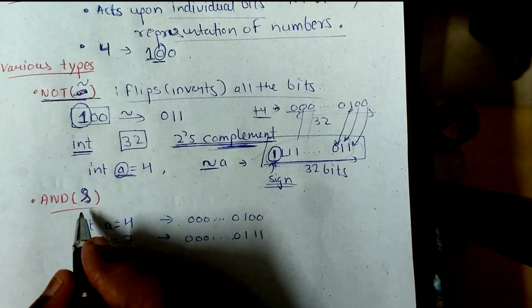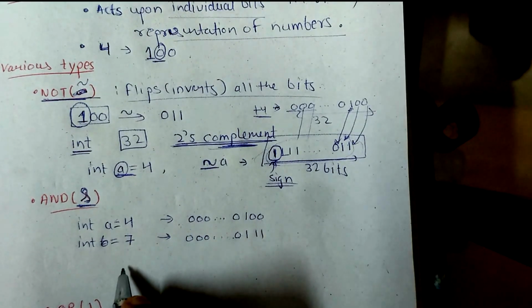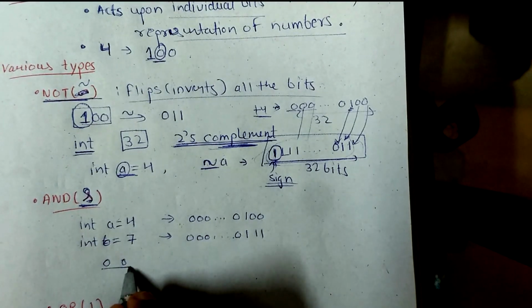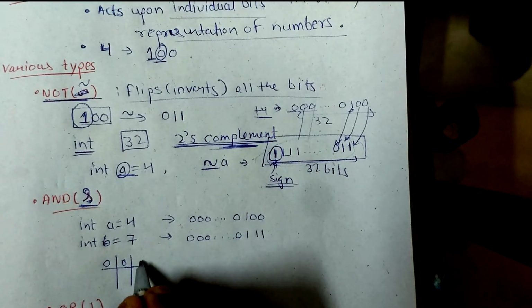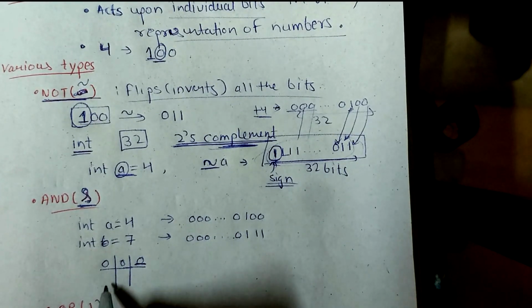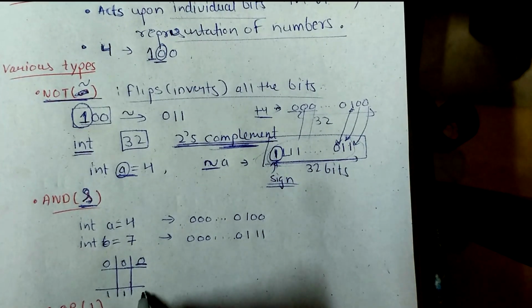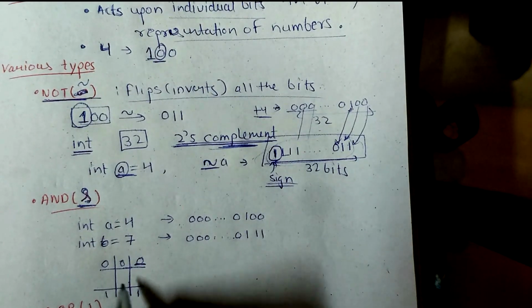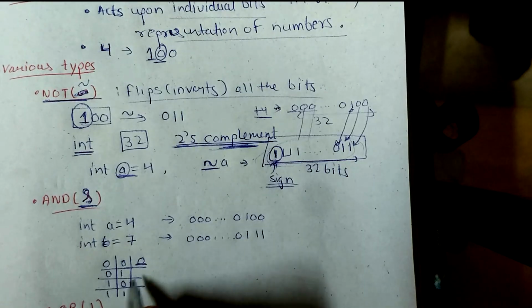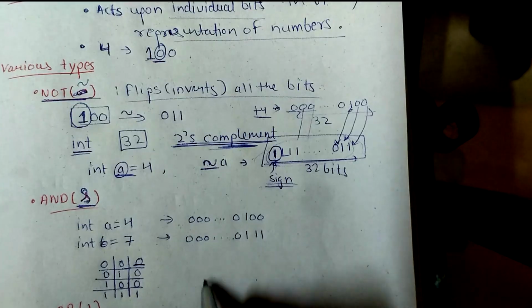Now what the bitwise AND does is, think of it like this: if both bits are 0, it would result in a bit which is 0. If both bits are 1, it would result in a bit that is 1. If one of the bits is 1, it would still result in 0. So you can think of it like this.